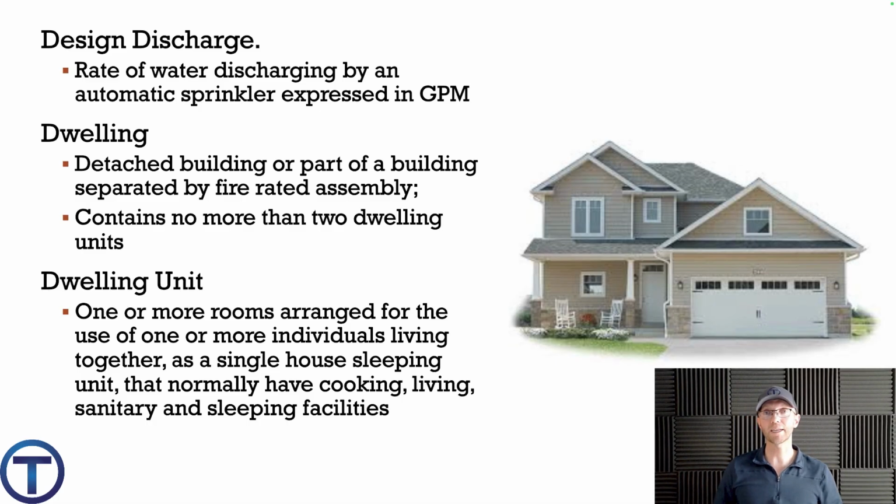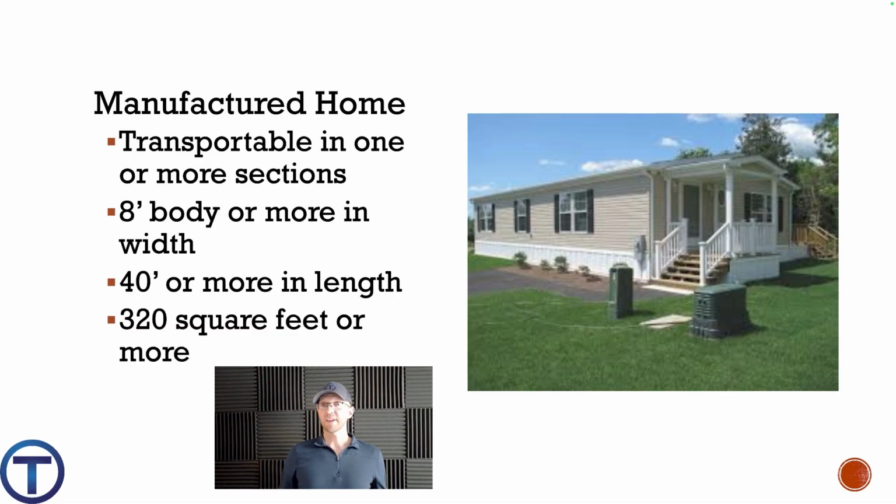That's going to make my dwelling unit. Now, dwelling units can be put together within a building. You can have townhouse, condo, apartments. But this helps us to separate out individual living spaces, and that's where we get the dwelling unit definition. There's a definition in here for manufactured home.